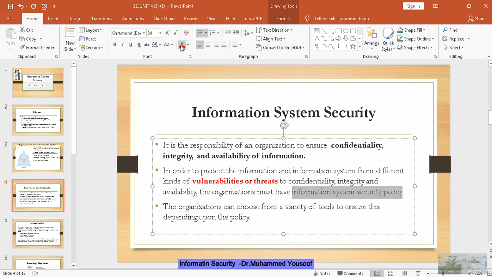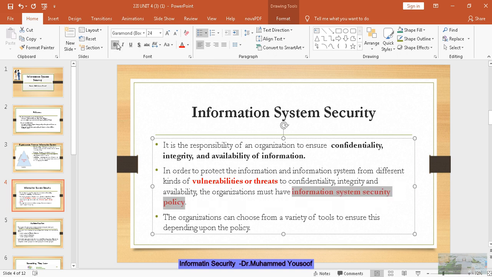I would like to give you an example. Whenever you are going to have an email account, they specify that the password should be 8 characters, a mix of upper case and lower case characters, numbers, and special characters. So this is how they have a policy for how a password should be.